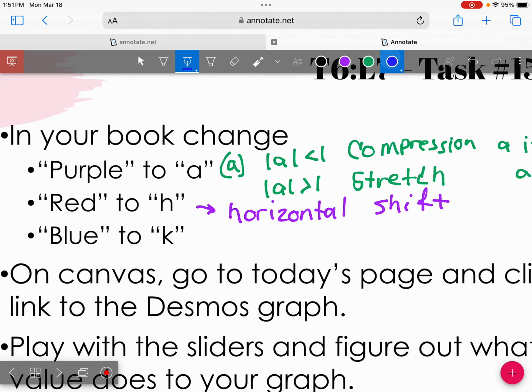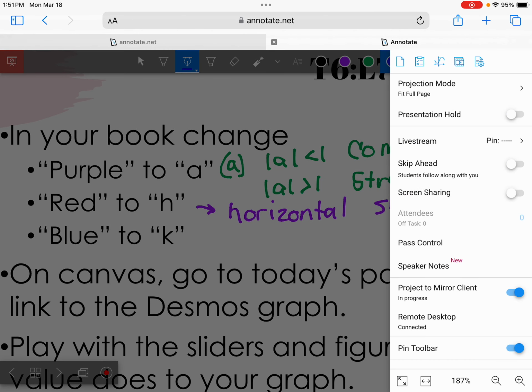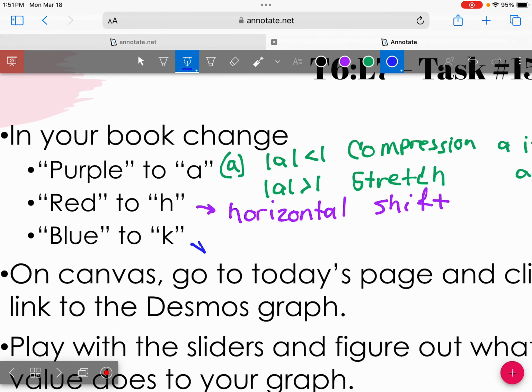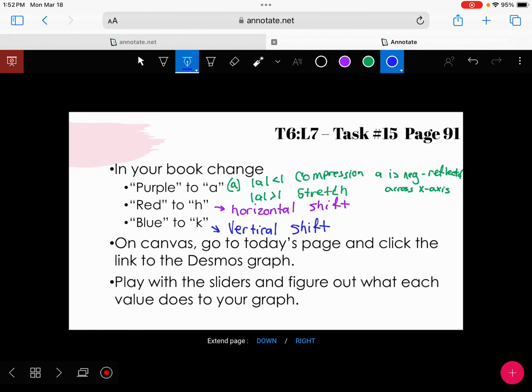How about our K? What did our K do? A vertical shift. It moves it up or down. So then it asks some very strangely worded questions.